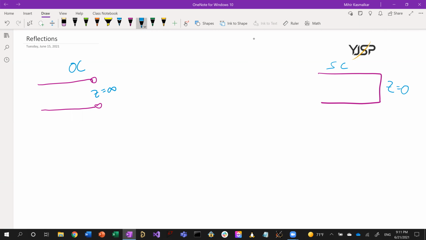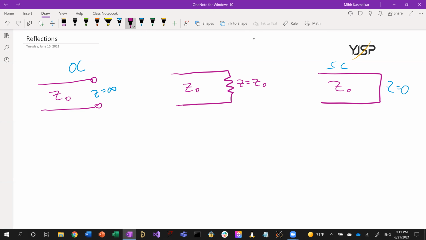Then there's the in-between, perfectly matched case, where you have a transmission line that is terminated in some impedance, Z equals Z naught. Z naught is the characteristic impedance of this transmission line.